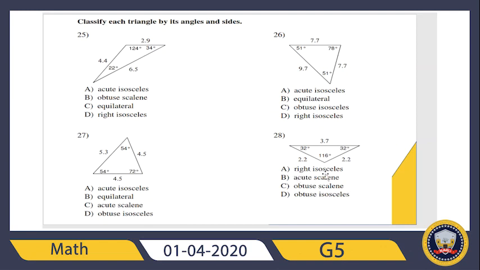Is it right isosceles? Is it acute scalene? Is it obtuse scalene or obtuse isosceles? No, it is an obtuse isosceles triangle. Obtuse because there is an angle here that is more than 90 degrees, and isosceles because I have two sides which are equal to each other.